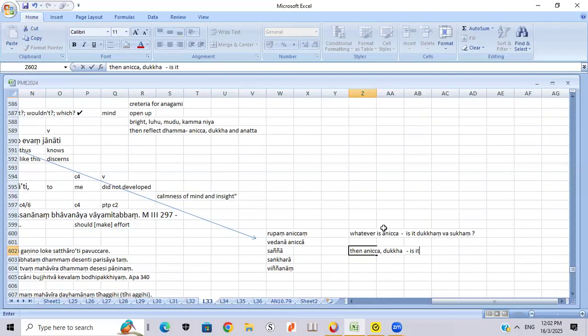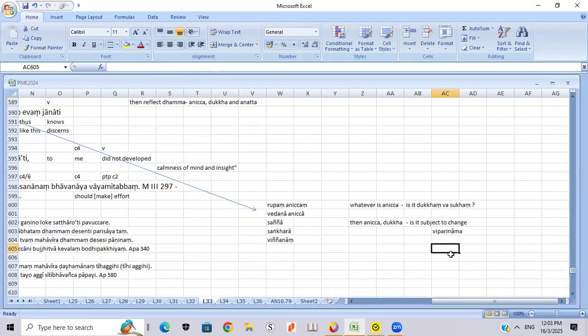is it subject to change? Viparinama. The word viparinama means subject to change. It's subject to change, you know. After subject to change, it becomes anya, atta, bhava.